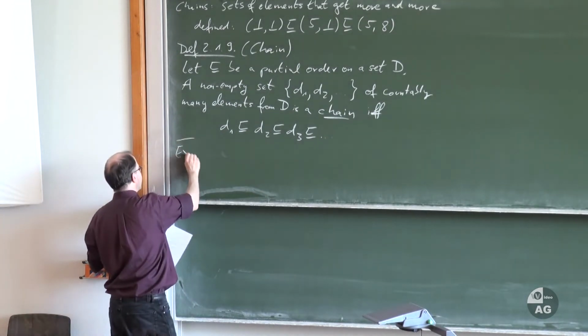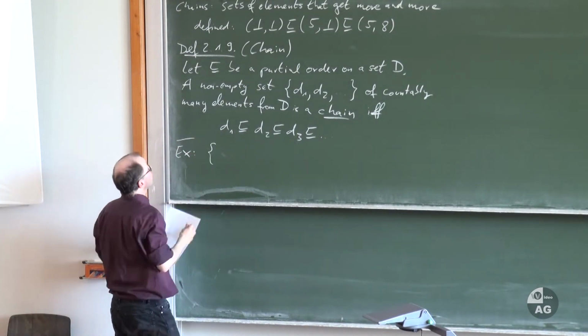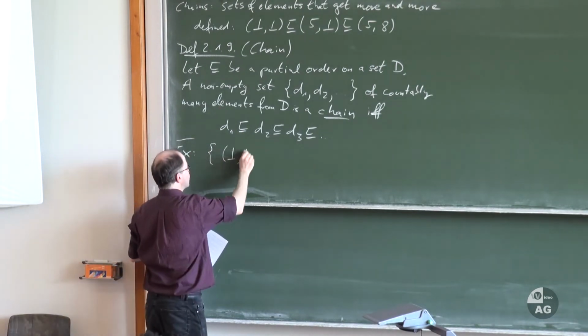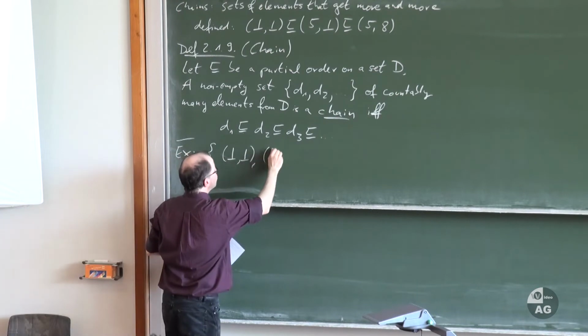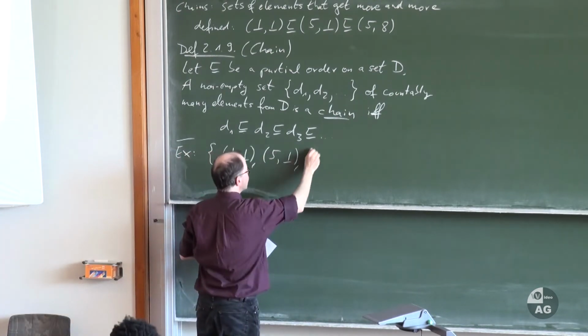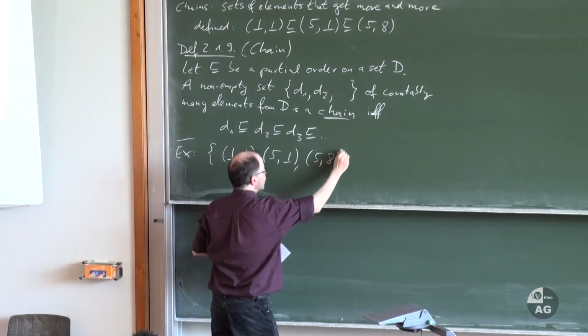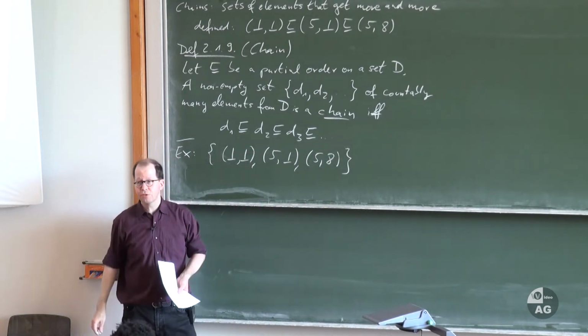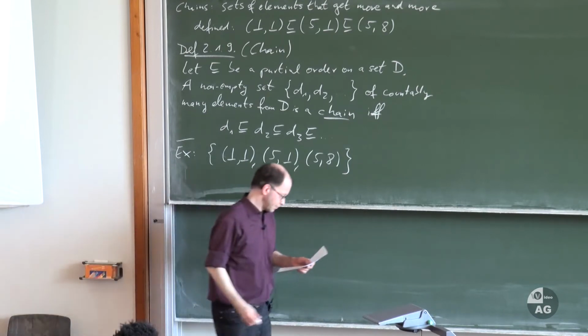So, for example, the set containing these 3 tuples up there, so bottom, bottom, 5 bottom, and 5 8. This set with these 3 elements is a chain. Of course, a finite one because it contains only 3 elements.